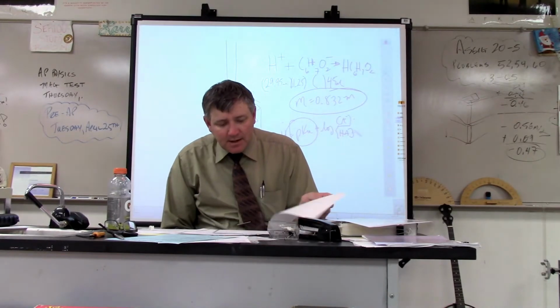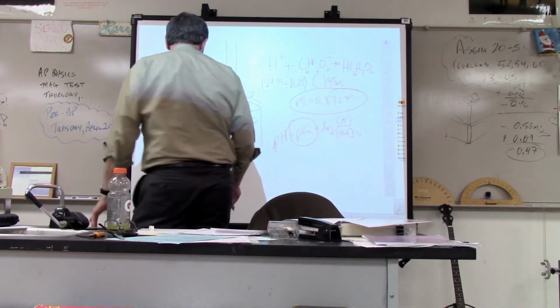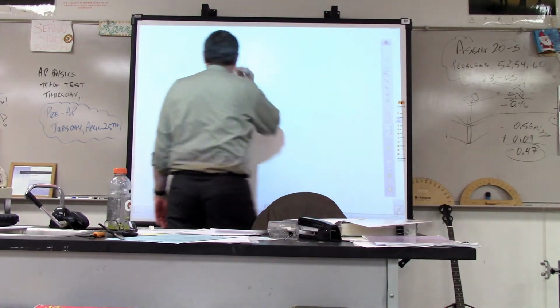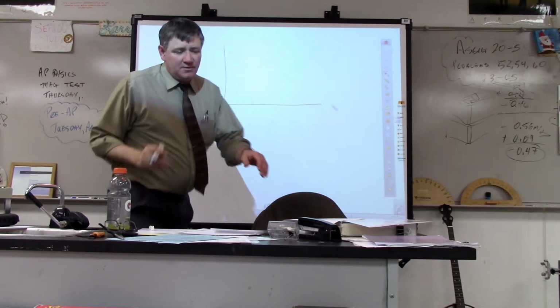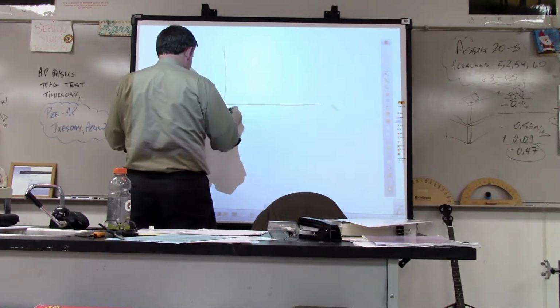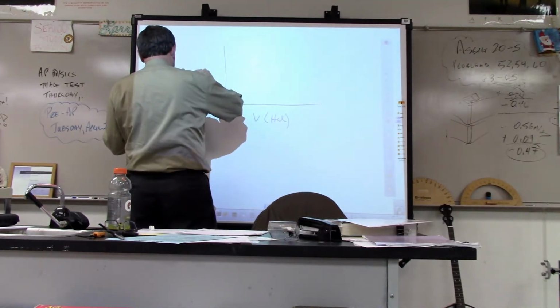All right. Now, let's talk about the graph, because there are some subtle things about this graph. They've given you 2 points on the graph. Here's your volume of HCl that's added, and here's your pH.